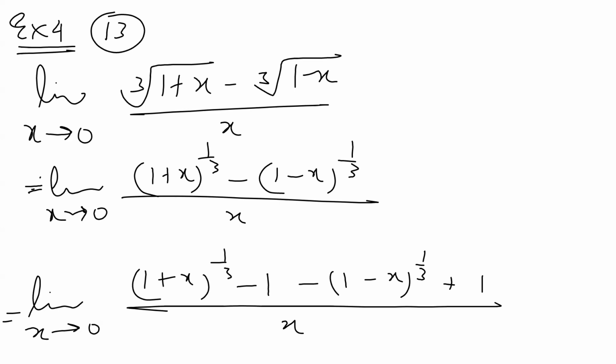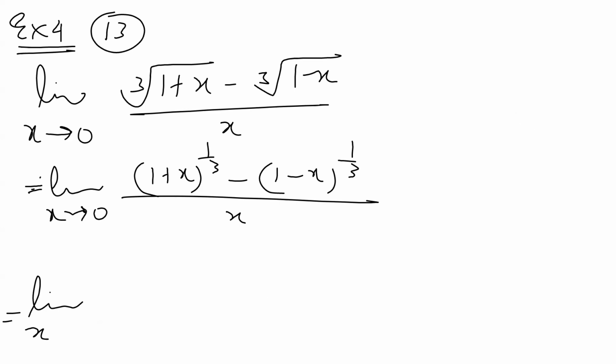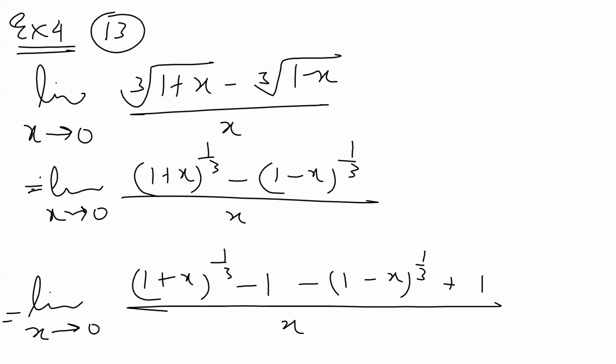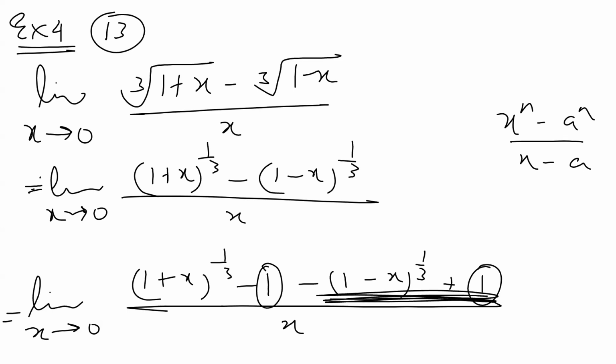By the way, prior to that, we did this because the formula is x raised to n minus a raised to n upon x minus a. So this one and this one will be written as 1 raised to 1 by 3. And for the next term, this term will take a bracket so that this becomes minus.